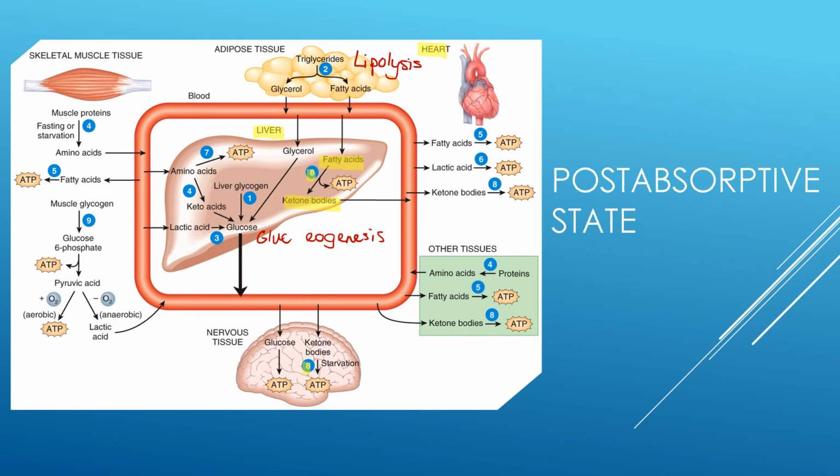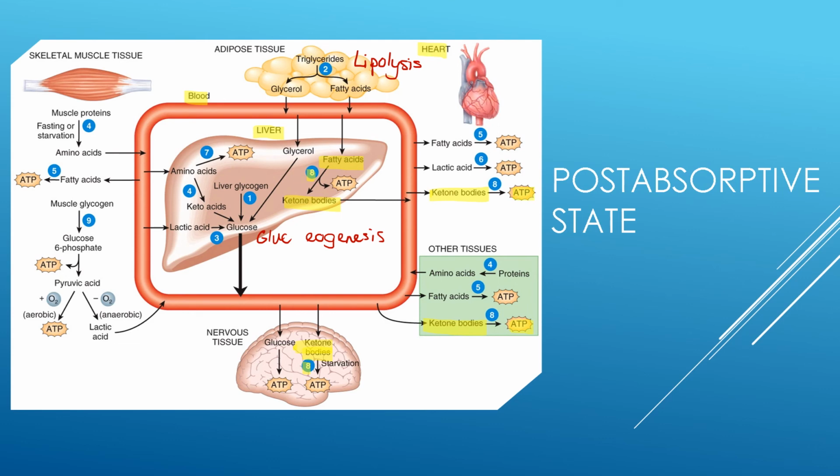And then those ketone bodies are sent to the blood. And ketone bodies can actually be used by the heart, the kidneys and other tissues, as well as the brain, to produce ATP.